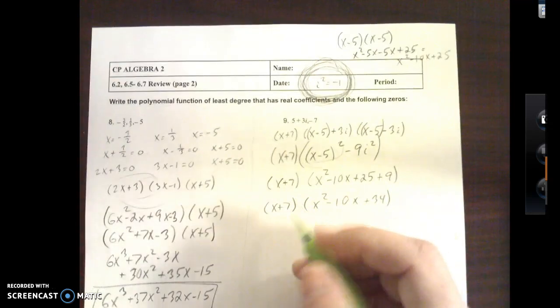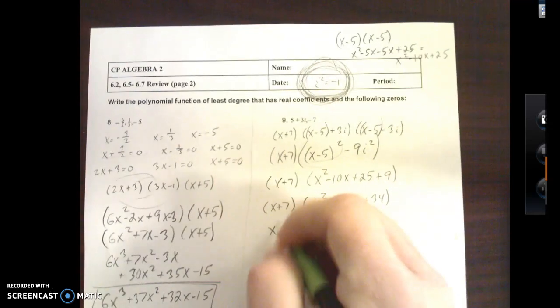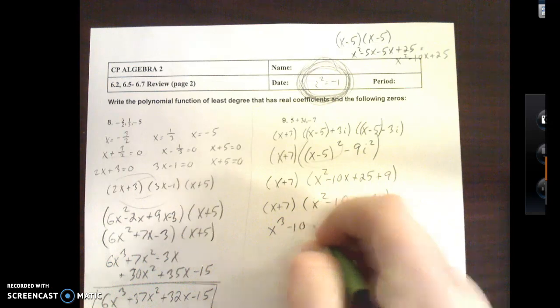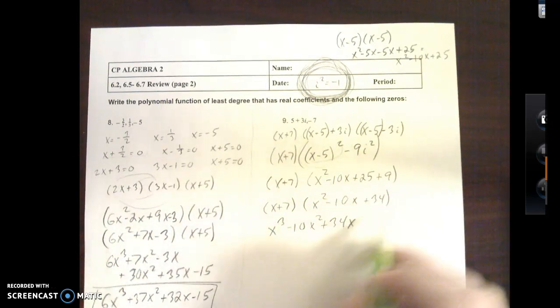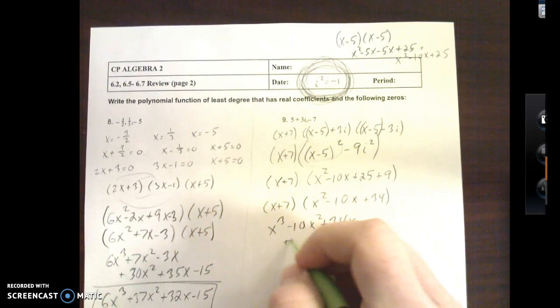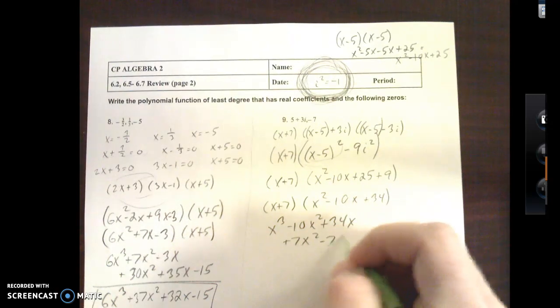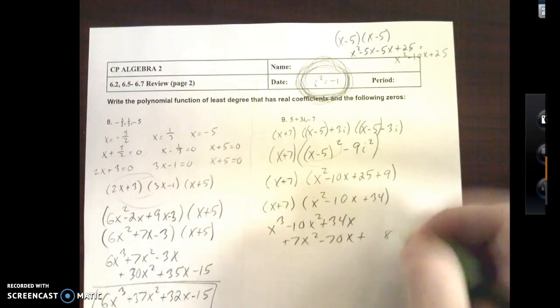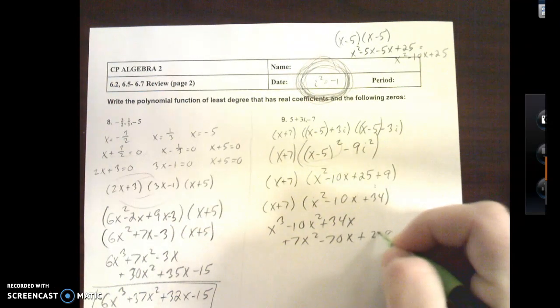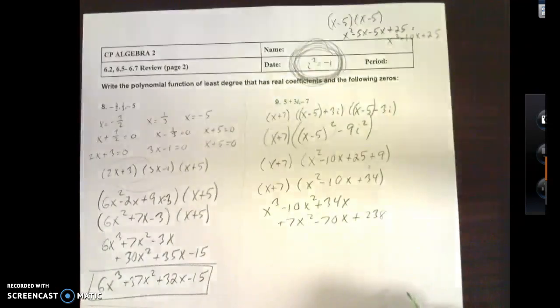And now, the hard part's over at this point. Now I just got to distribute x cubed minus 10x squared plus 34x. Now I can multiply the 7 in. 7x squared minus 70x plus, oh boy, 238. Okay.